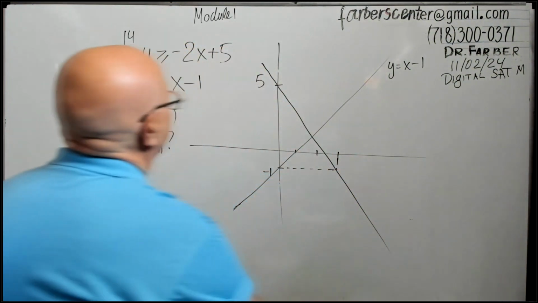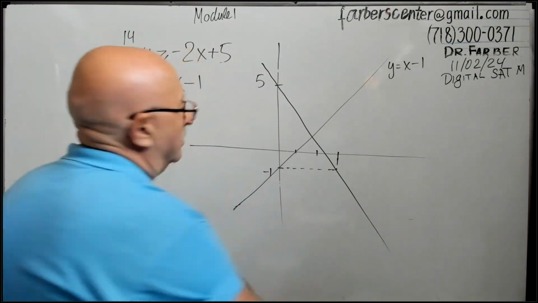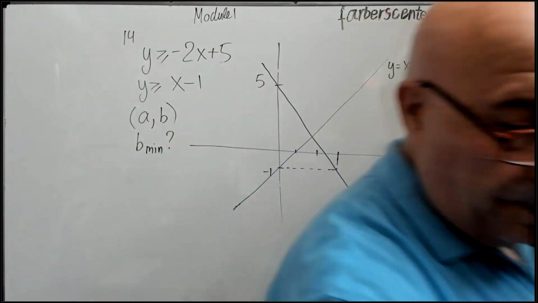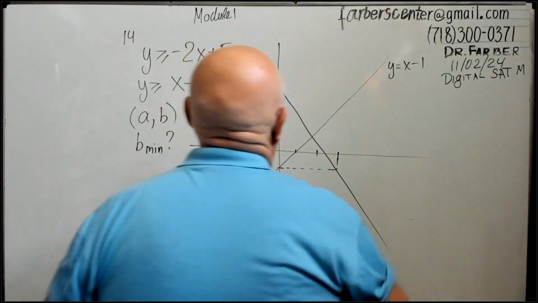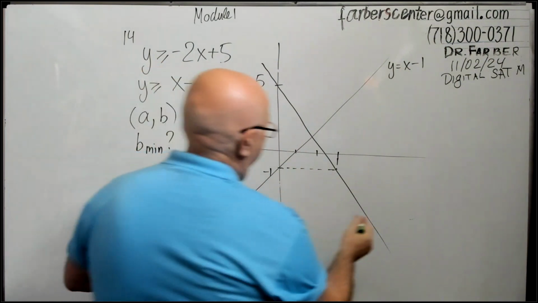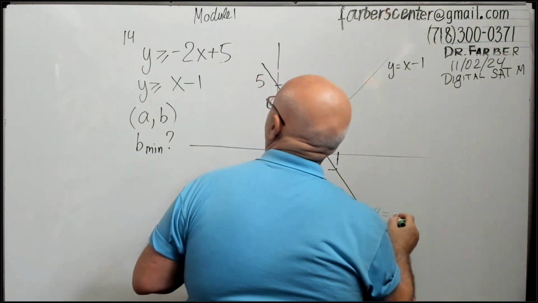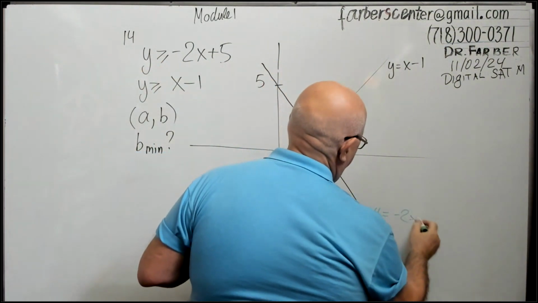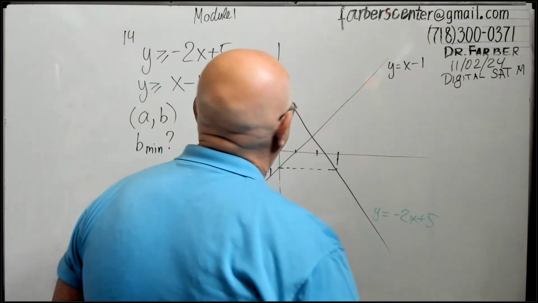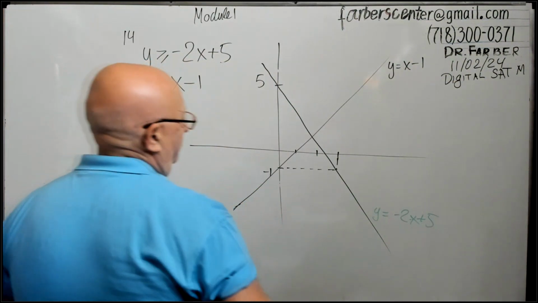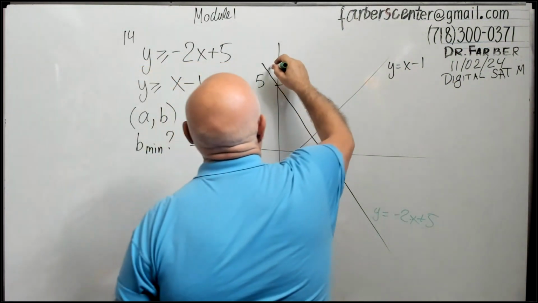Now, let's find the solution set. I take a different color. And this is a graph y equals to negative 2x plus 5. Okay. And this one is greater.